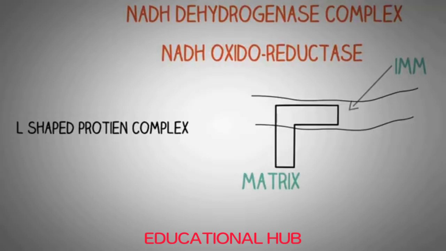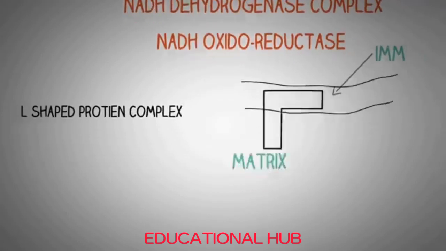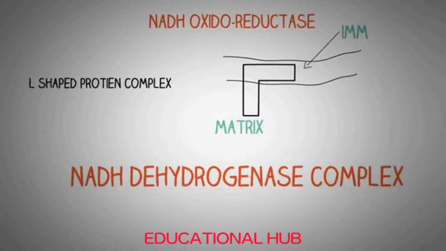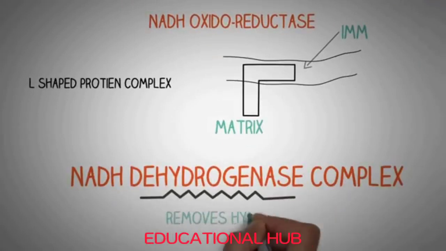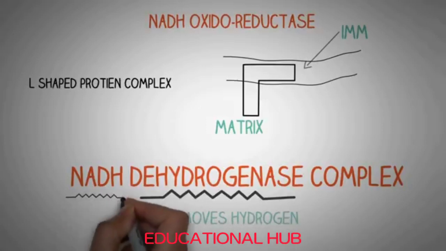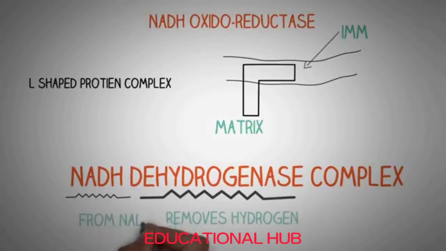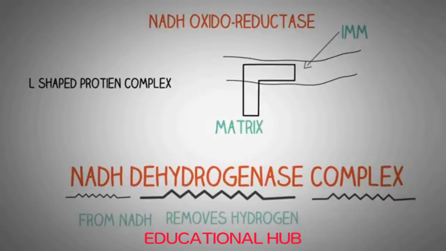It is very easy to understand the function of any enzyme of the electron transport chain by just understanding its nomenclature. So the complex 1 is called NADH dehydrogenase complex because it is a dehydrogenase which removes hydrogen. It removes hydrogen from the reduced form of the nicotinamide adenine dinucleotide. And it is called a complex because it also contains flavin mononucleotides and iron sulfur compounds.